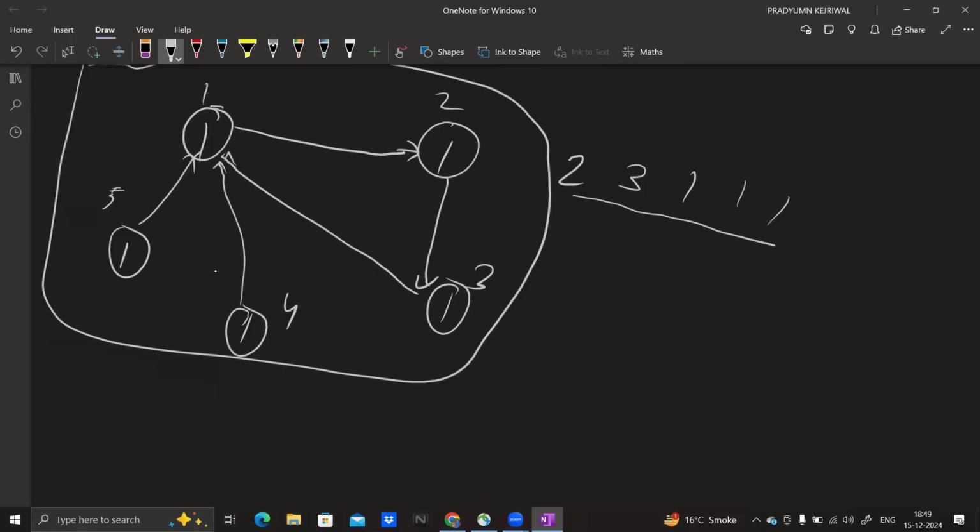Now, what will happen after the first year? These two will give their plushie to node 1, right? But no one is there to give them a plushie, because the in-degree of both of these nodes is 0. So no one is there to give them their plushie. Therefore they will die.